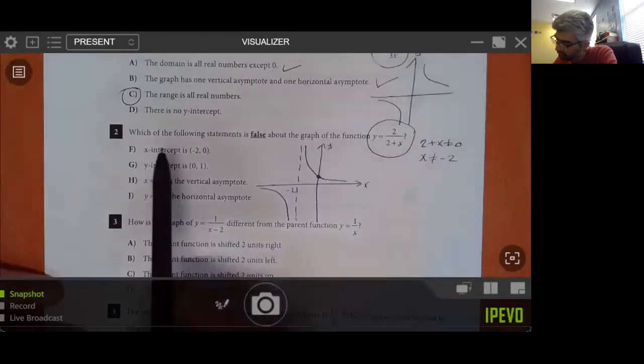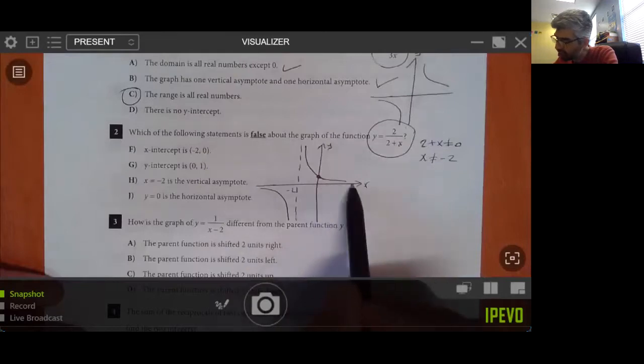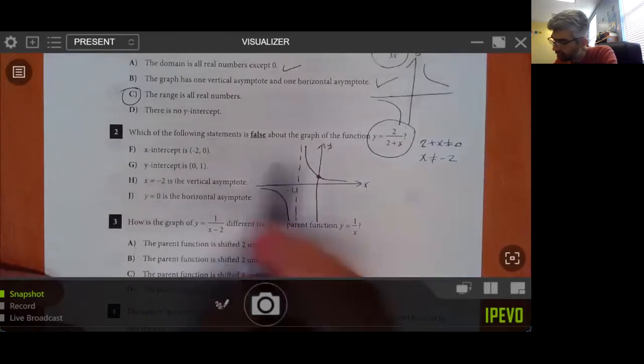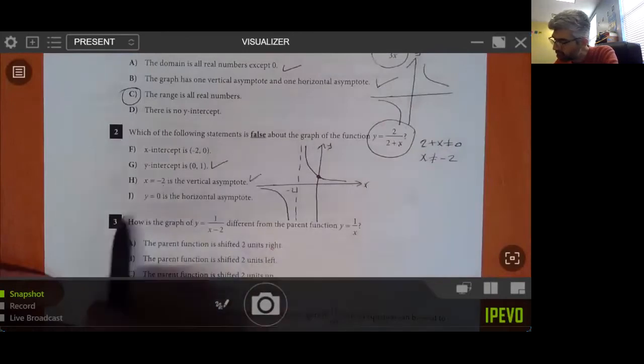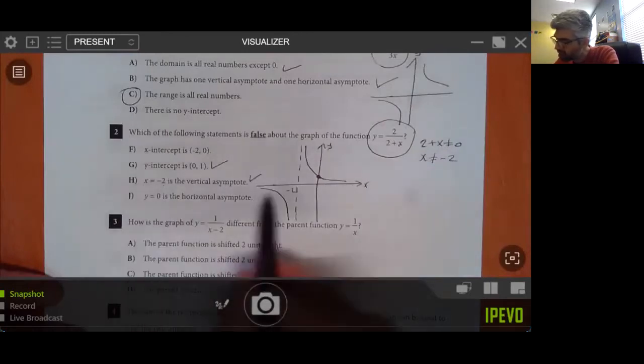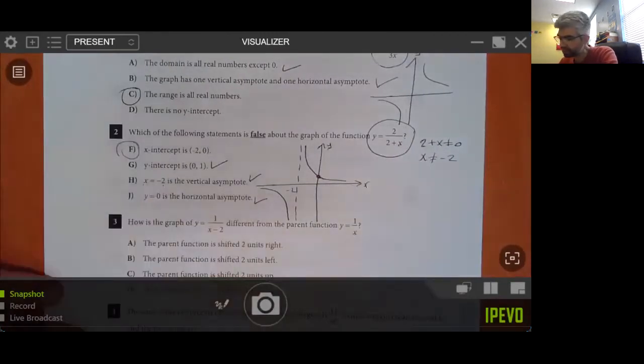So, is there any x-intercept? No, there is no x-intercept here. Y-intercept is 0, 1. It's true. X is minus 2 is the vertical asymptote. Here it is, true. Y is 0 is the horizontal asymptote. Here it is, true. So this is the false one.